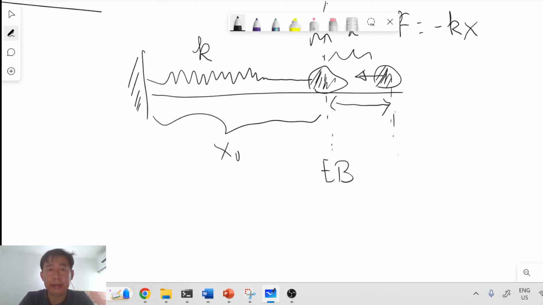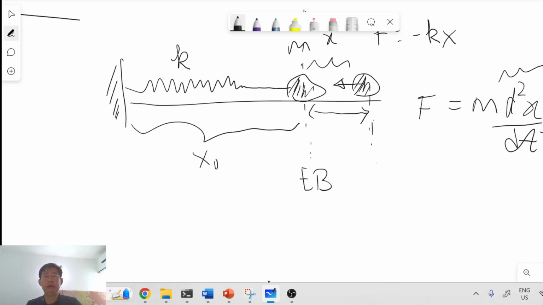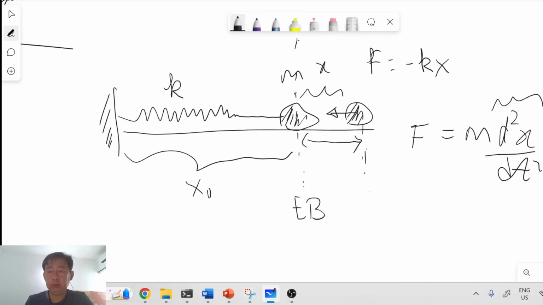According to Newton's second law, the net force F will cause the particle to change its state of motion by following the F equals ma formula. Here a refers to the second order derivative of the position with respect to time.